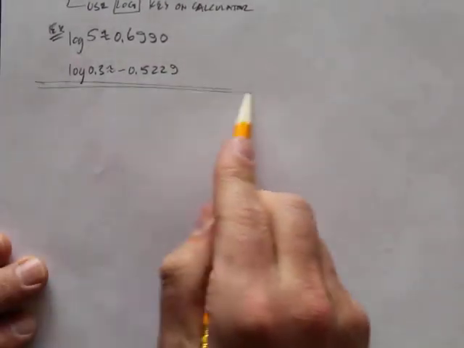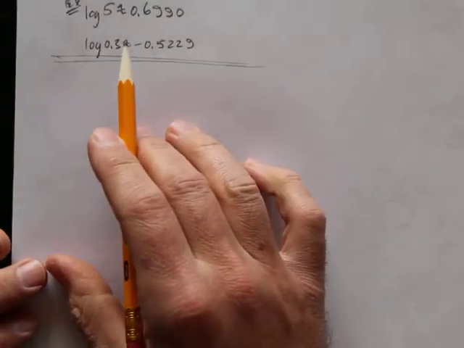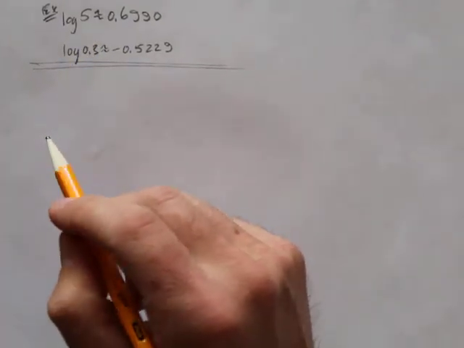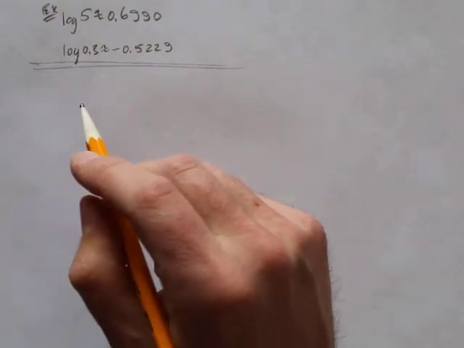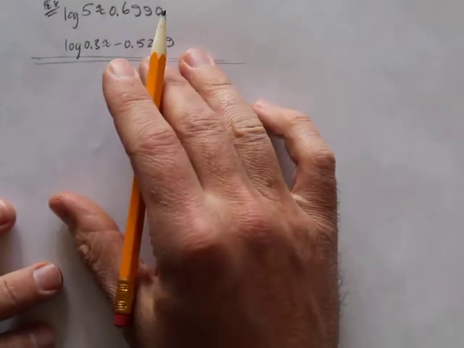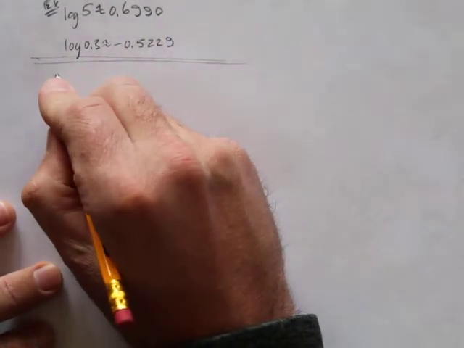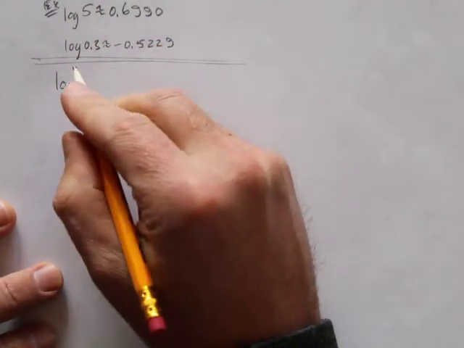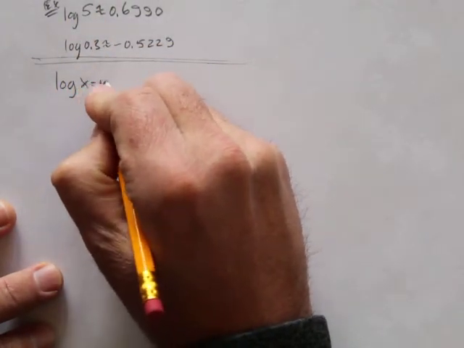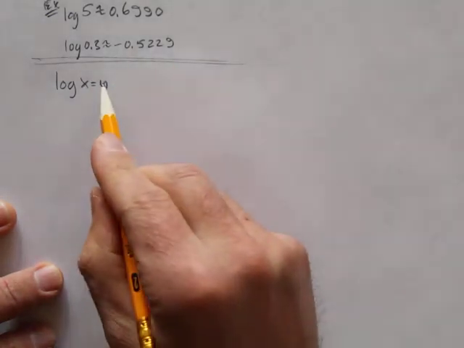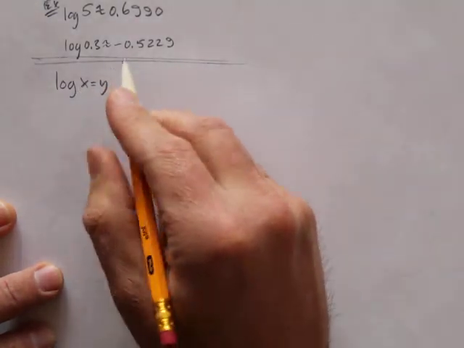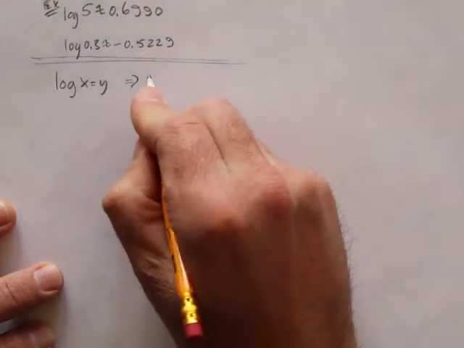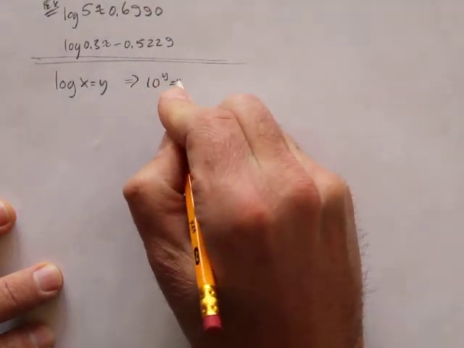Right. Now let's look at some. We're going to draw a little diagram chart here for the way we can look at these logs. So if I have the common log of x equals y, if I were to take that y and jam it up in here, that's going to give me 10 to the y equals x.